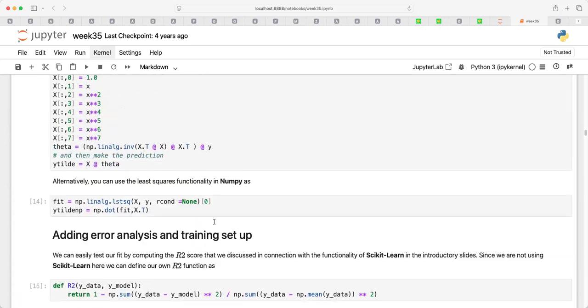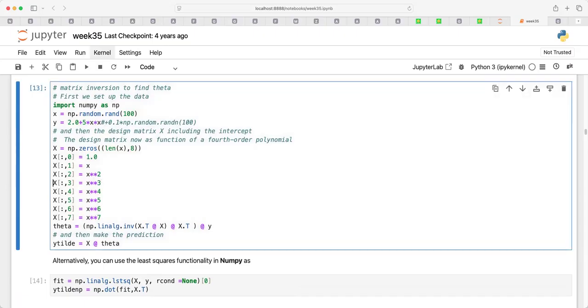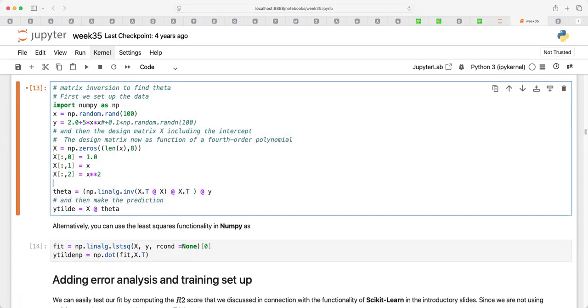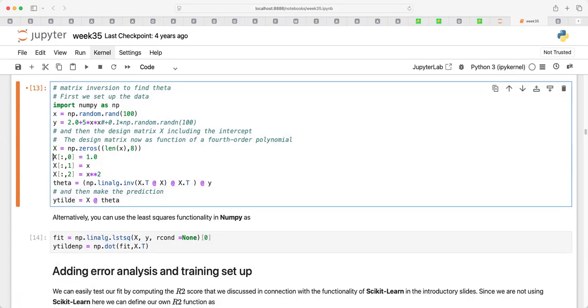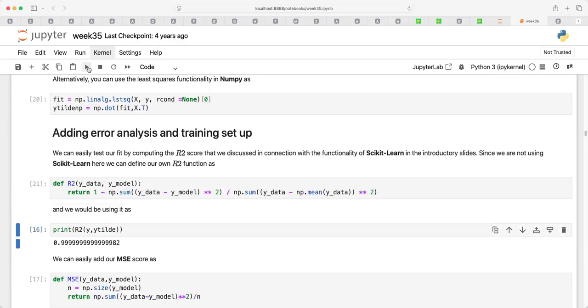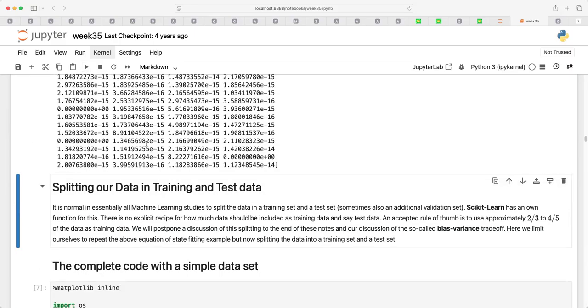If I were to use a 2nd order polynomial only, suppose now I take away all these guys here, and I just rerun everything. When I add noise to this, you see that the relative error is basically 0 here.